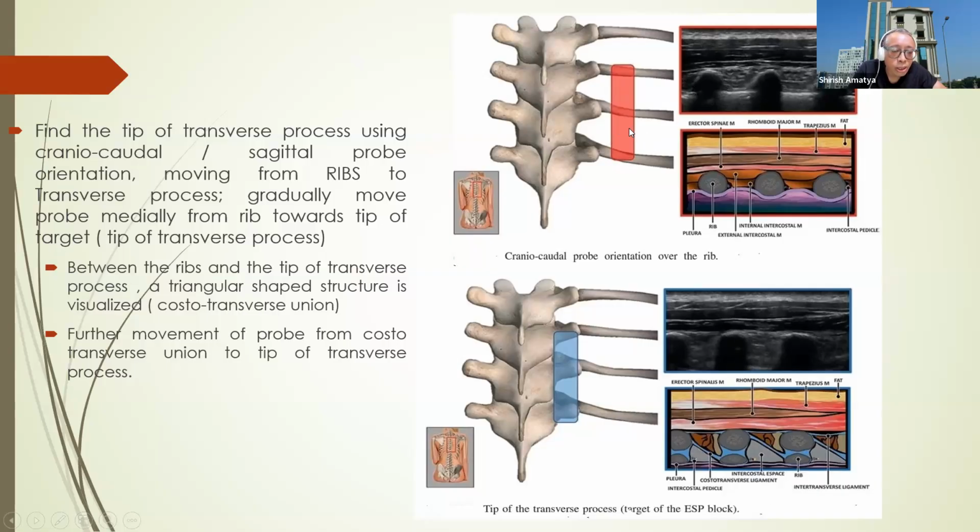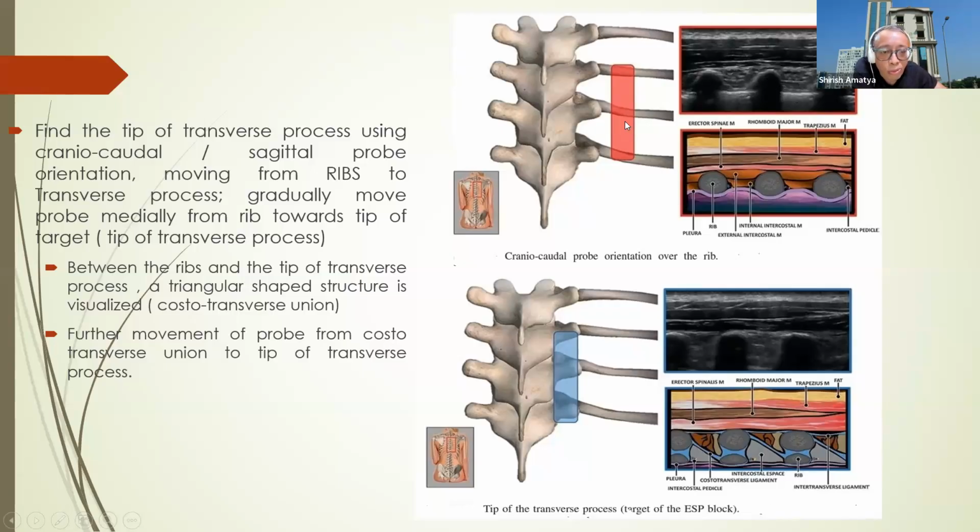Once we get this square-shaped structure, we know that we are over the transverse process. And here it is very difficult to see the pleura. Over the rib, you can easily see the pleura: the rib is a rounded hyperechoic structure, followed by the hyperechoic glittering pleura.